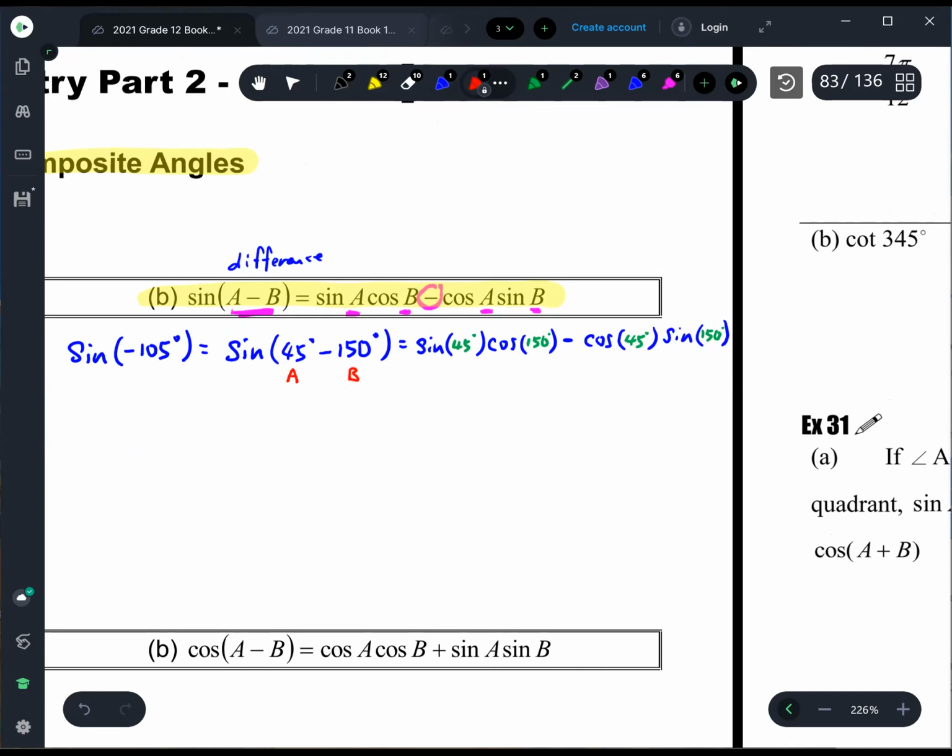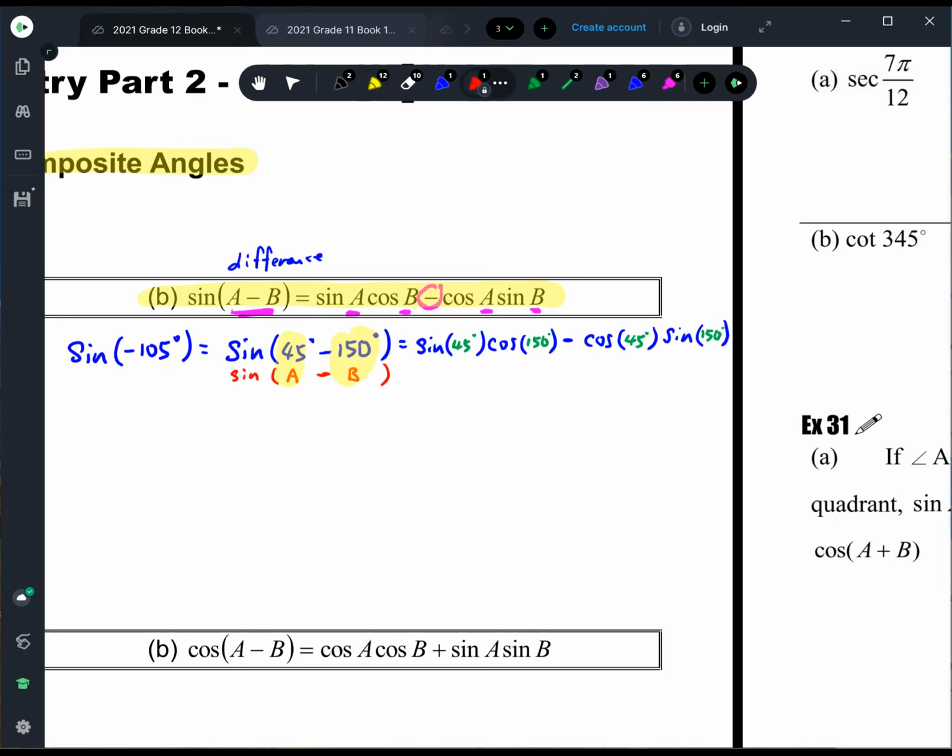Okay, so write the A minus B there, right? Sine A minus B. So A is the 45, B is the 150. Make sense? Yeah. Okay, so just the B is after the subtraction. Okay, Jocelyn, do you have questions?